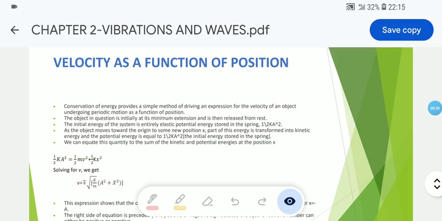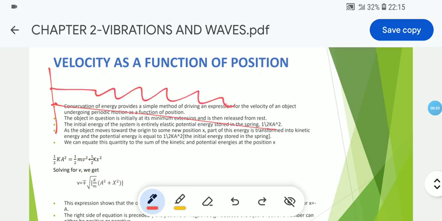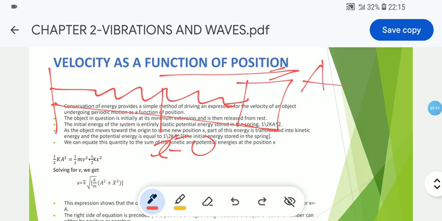From what we did, if you have a spring placed on a horizontal surface, my diagram is not well drawn, and you stretch this spring to a certain displacement, let me call this maximum displacement the amplitude. You applied a certain force so that it can be stretched.